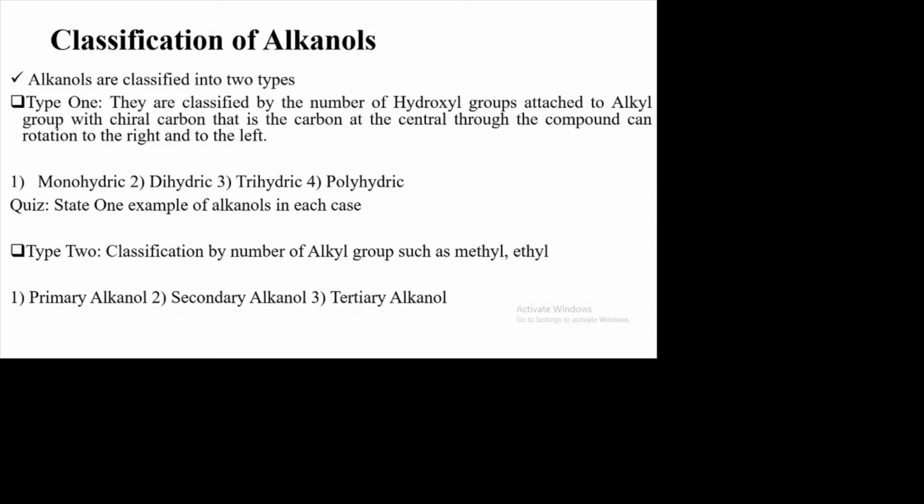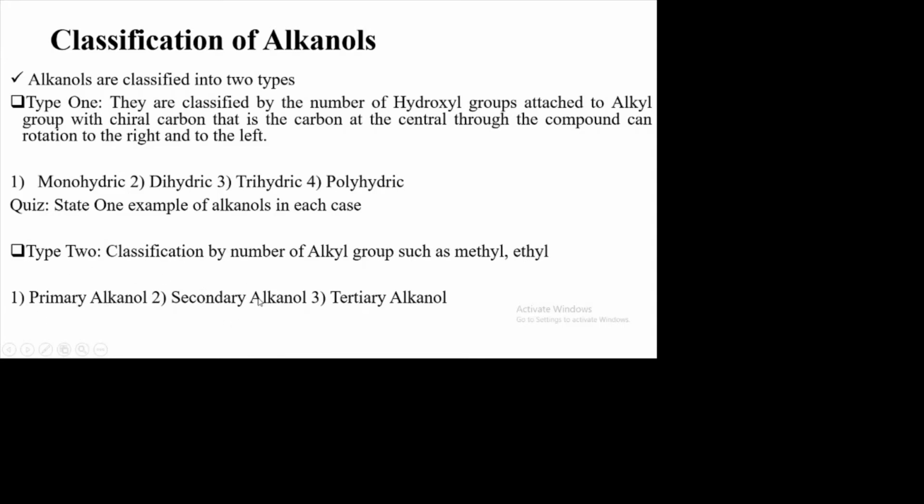So this is classified based on the number of alkyl groups, such as methyl, ethyl, and so on and so forth. You know that alkyl is formed by removing one replaceable hydrogen from alkanes family. So when you have one alkyl group, such alkanol is known as primary alkanol.